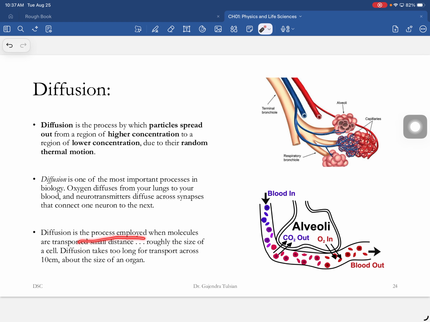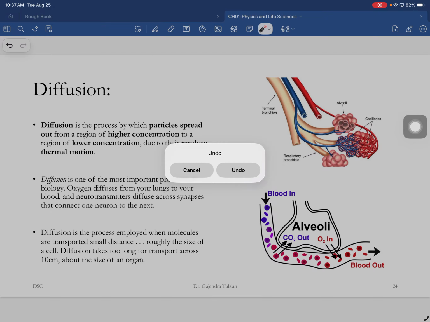Diffusion is the process employed when molecules are transported small distances, roughly the size of a cell. Diffusion takes too long for transport across 10 centimeters. So 10 centimeters is about this big. If oxygen had to diffuse across that, it would take 2 days.